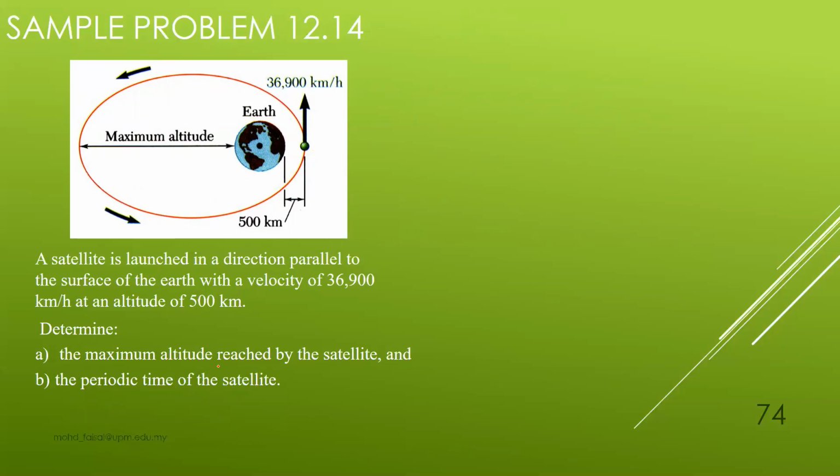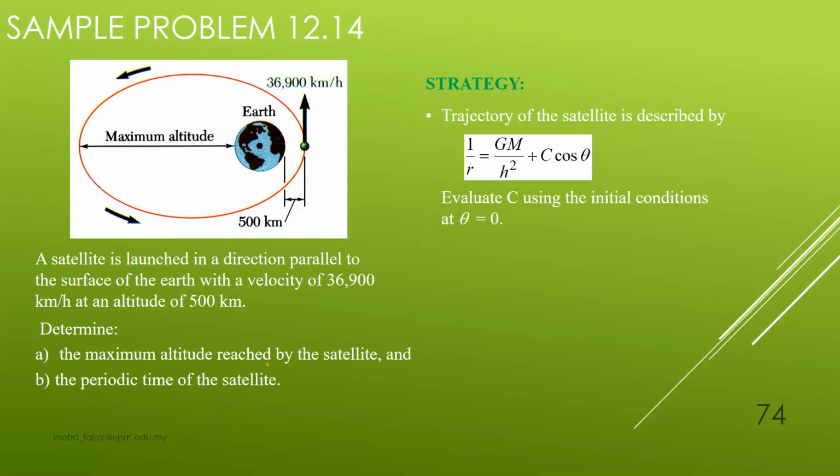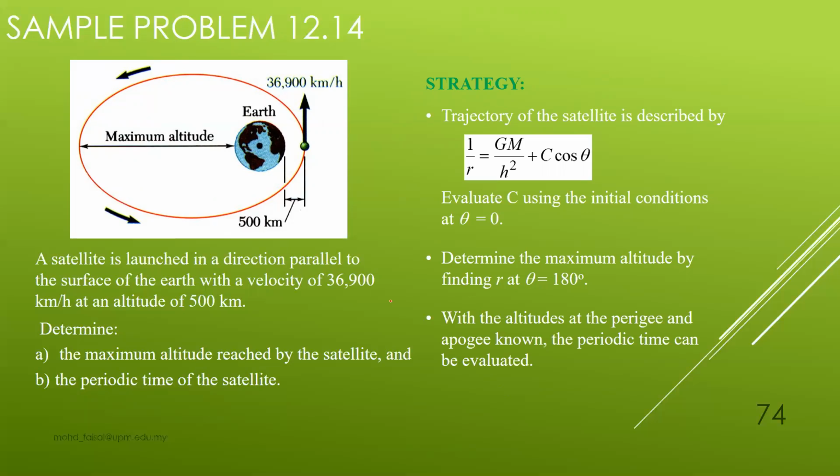To determine the maximum altitude, find R at theta equal to the maximum. This point is 180 degrees. With the altitude at the perigee and apogee known, the periodic time can be evaluated.